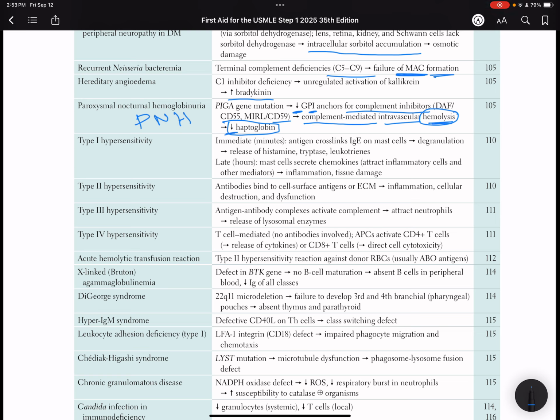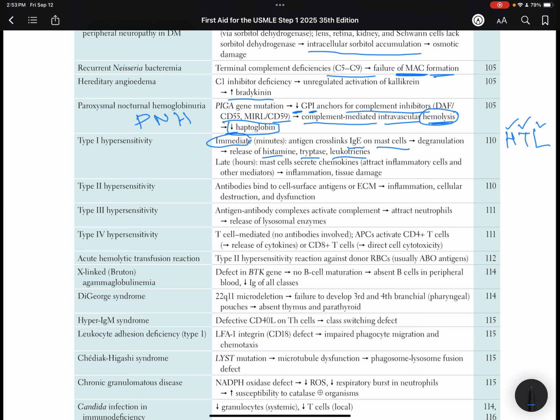What is type 1 hypersensitivity? Type 1 hypersensitivity is immediate, which means in minutes, causes antigen cross-links IgE on mast cells, degranulation, which leads to release of histamine, tryptase, leukotriene.